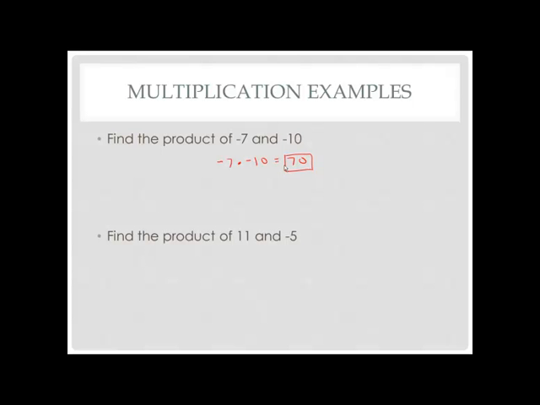Same signs, positive answer. Different signs in this second case, 11 times negative 5, is going to give me a negative answer, negative 55. Okay, so same signs, positive answer. Different signs, negative answer. And those rules follow for multiplication and division.